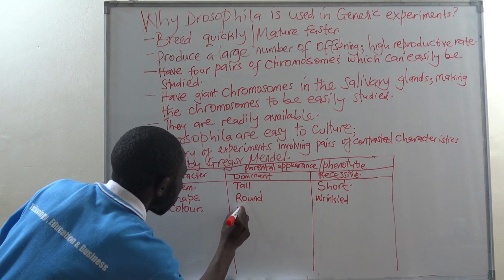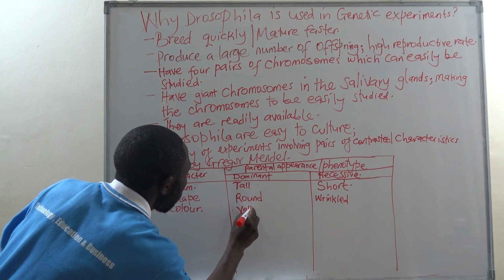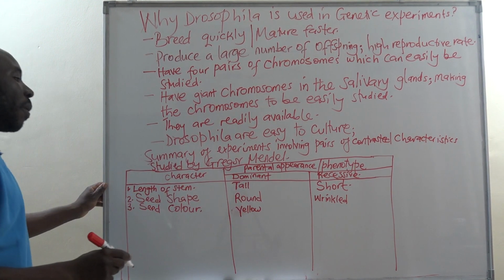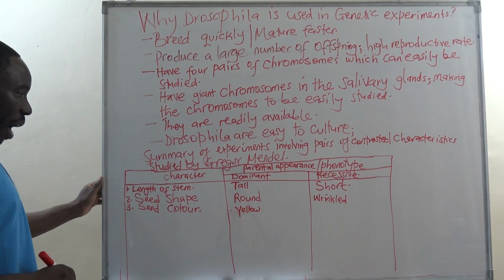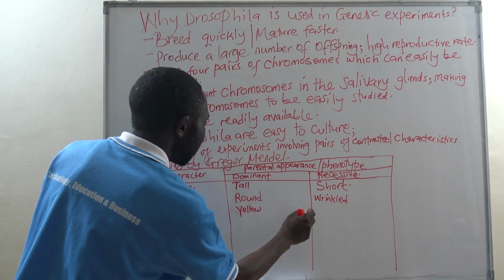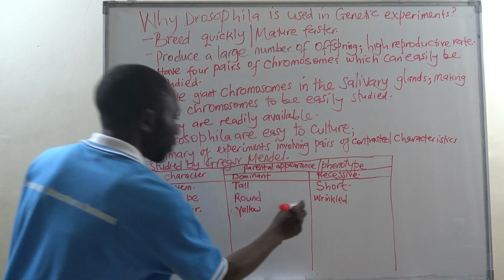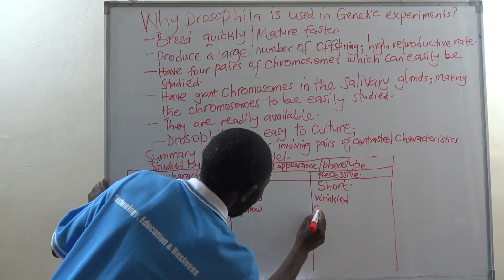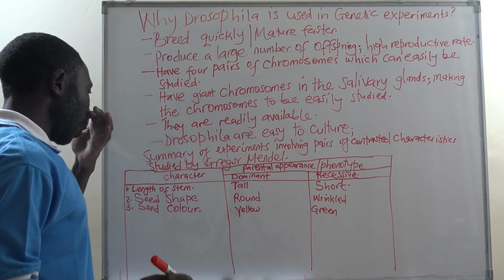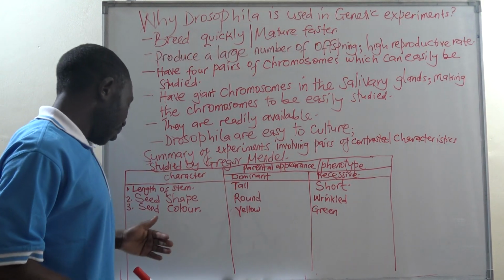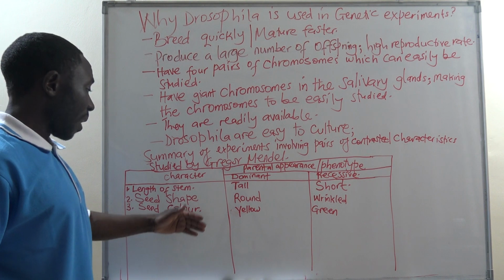Some seeds are yellow, and that is the dominant expression. Now, the other one is green. That is the recessive. So the contrasted characters of seed color are two.